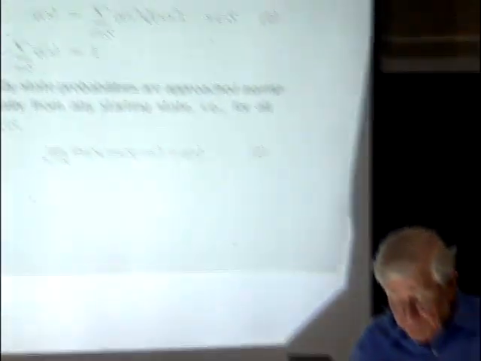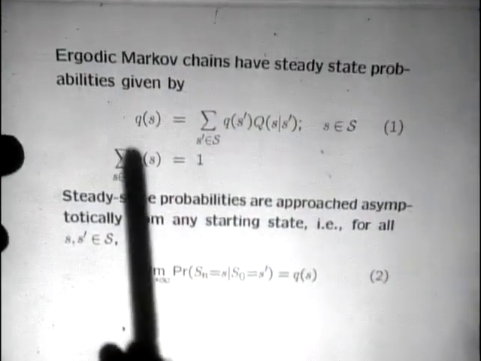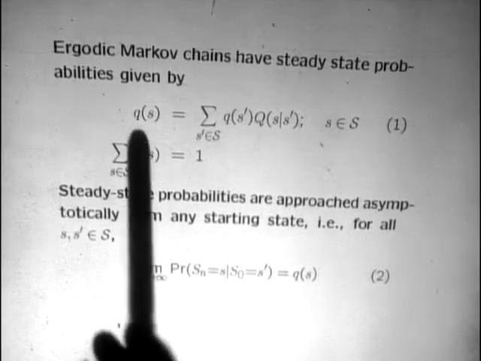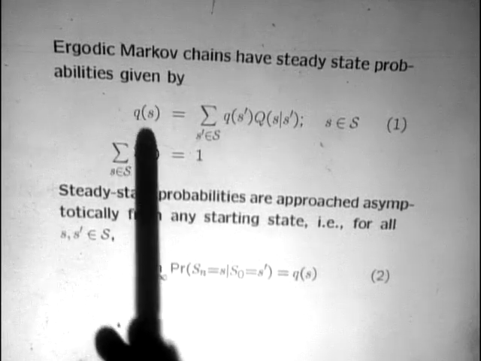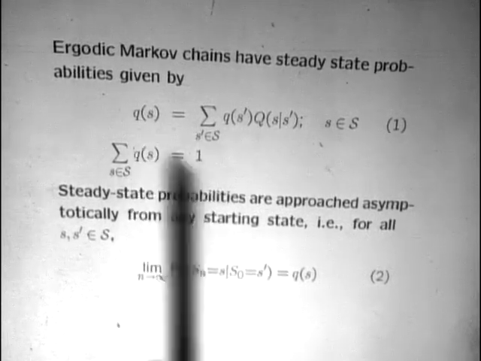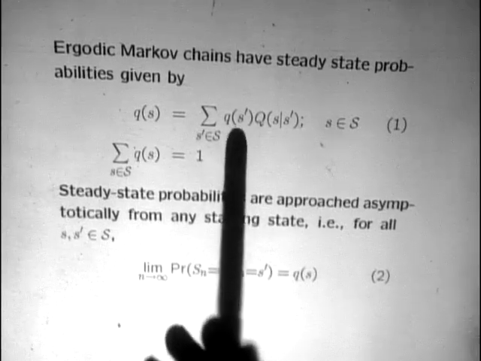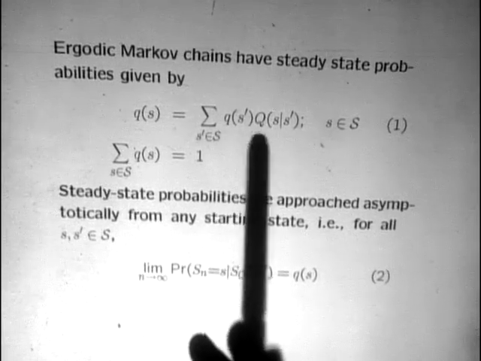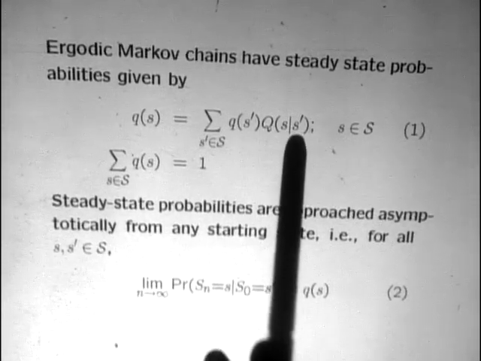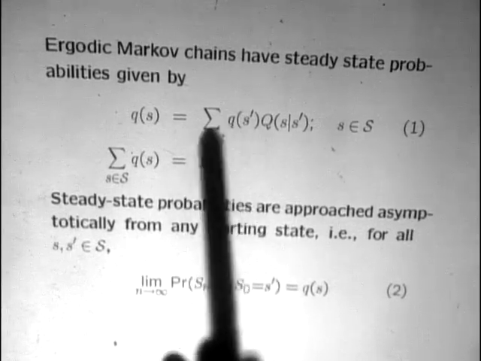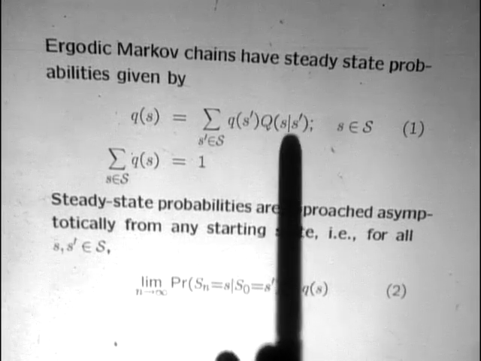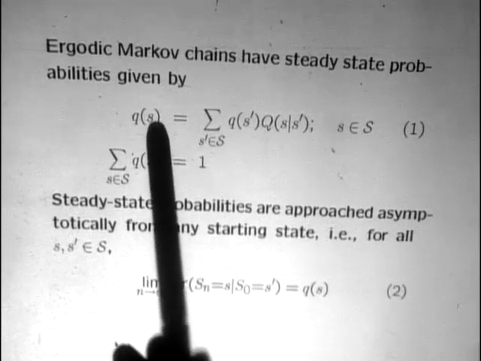Okay, so if you have relative frequencies, then you should have those relative frequencies at time n and at time n minus 1, and the probability of a particular symbol s, if the probabilities of the previous symbol s prime were the same values, q of s prime. We know the transition probabilities, that's Q of s given s prime. The sum over s prime of q of s prime times Q of s given s prime, what is that? That's the probability of s.